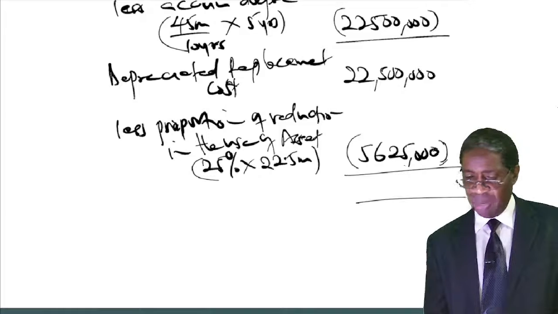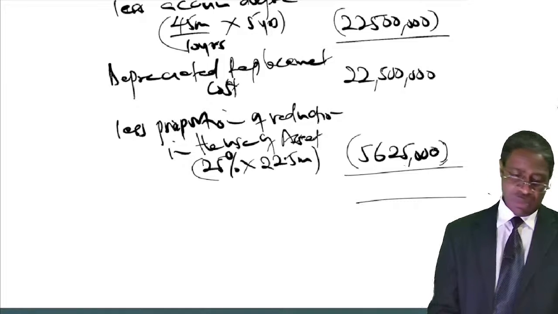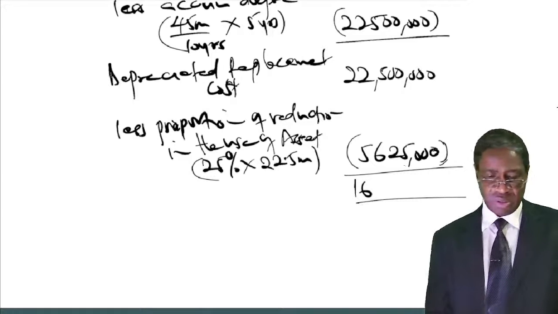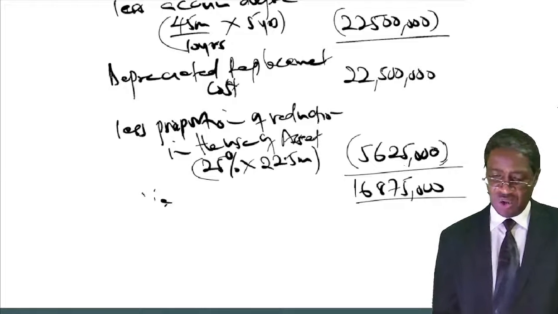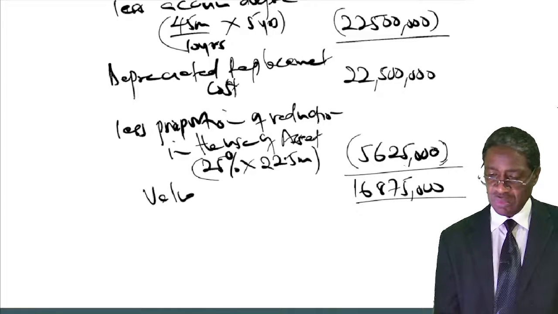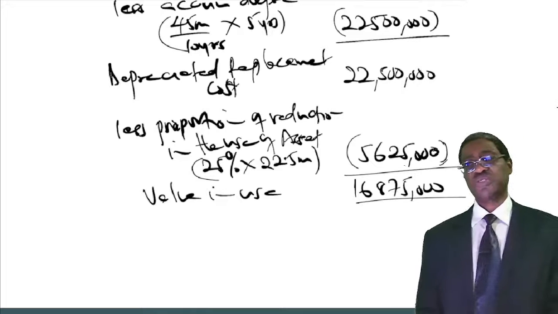Then I remain with a balance of 16,875,000. That's what we are calling value in use.